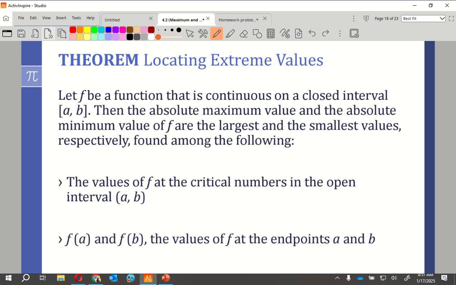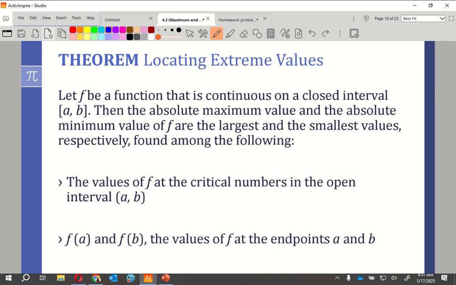Let's see. Locating extreme values. Let f be a function that is continuous on a closed interval from a to b. Then the absolute maximum value and the absolute minimum value of f are the largest and the smallest values, respectively, found among the following. The values of f at the critical numbers in the open interval from a to b, and f of a and f of b, those are my endpoints.